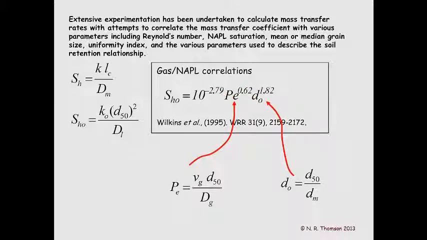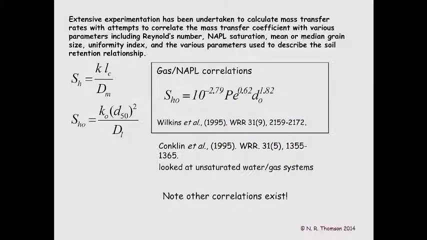The Peclet number itself is the ratio of advective transport over diffusive transport, and in the case of gas phase, Vg is the gas phase velocity. Now, what I've shown here is just one possible correlation, and there are many, many others that exist.